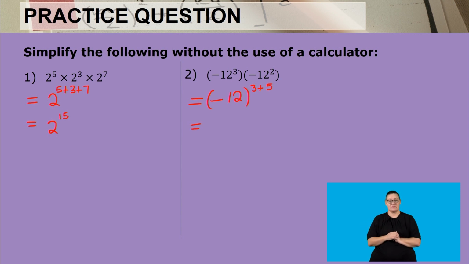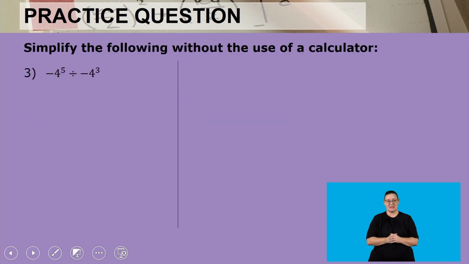Our final exponent is going to be, oh sorry, it is 3 plus 2. Apologies for that mistake. So 3 plus 2 gives us a final answer of negative 12 exponent 5. Let's move on to the next one.